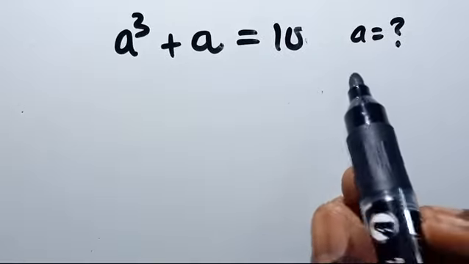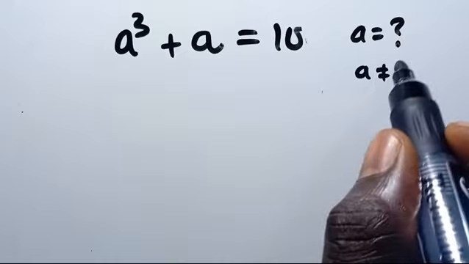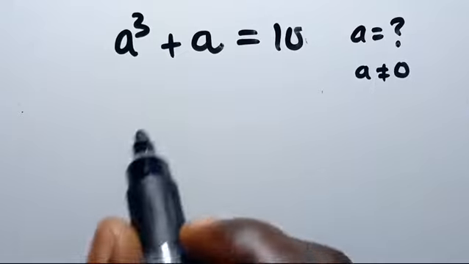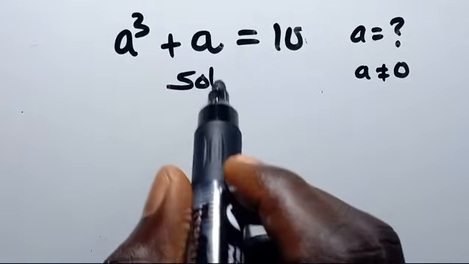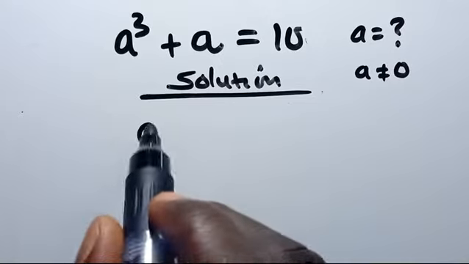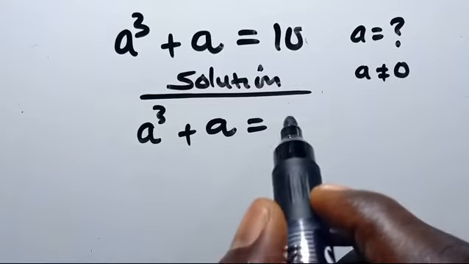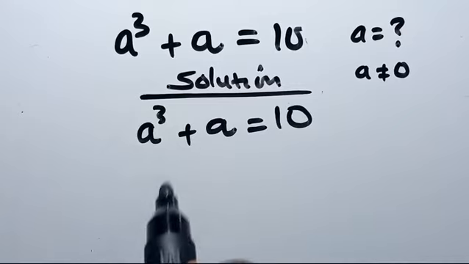Hello, let's find the value of a, given that a does not equal 0. The solution from here: we have a to the power of 3 plus a equals 10.